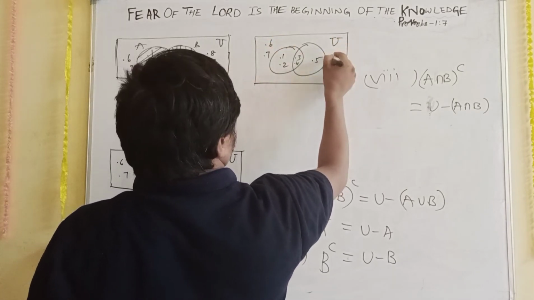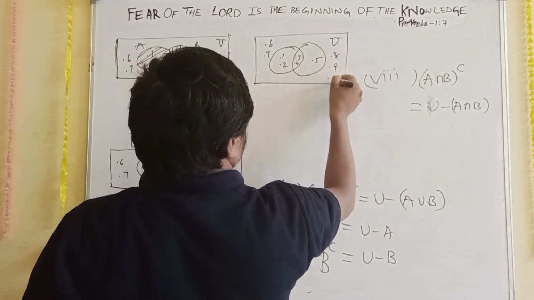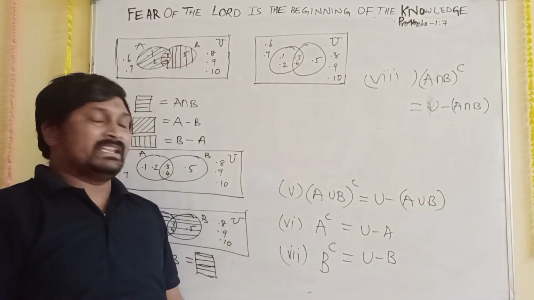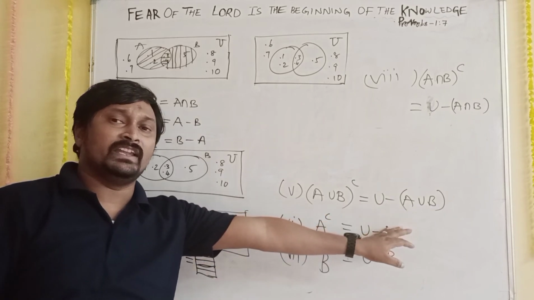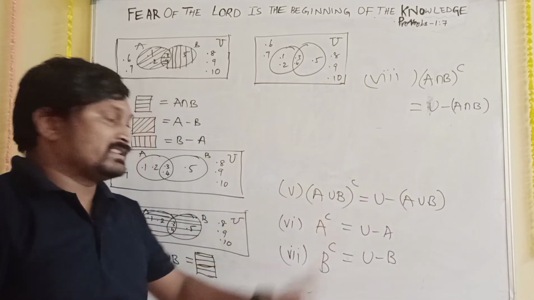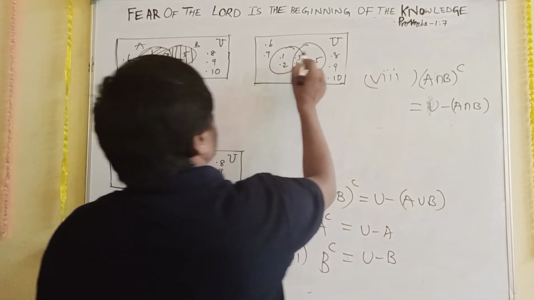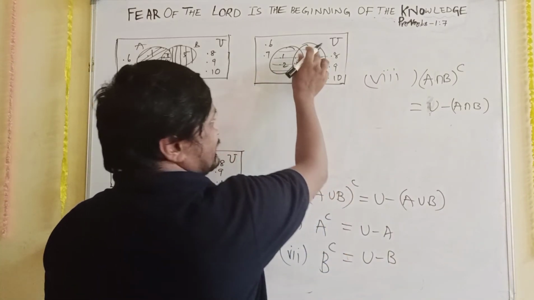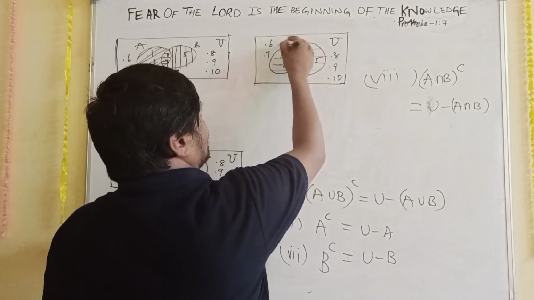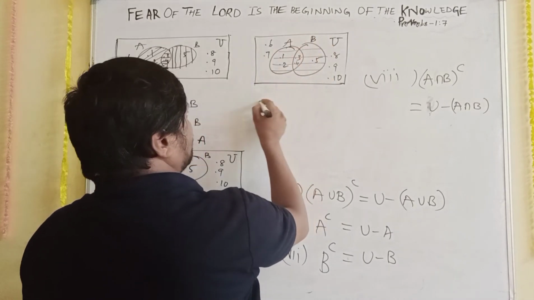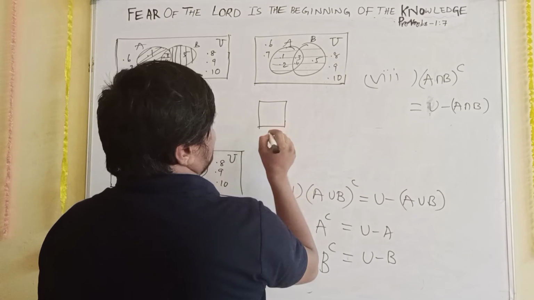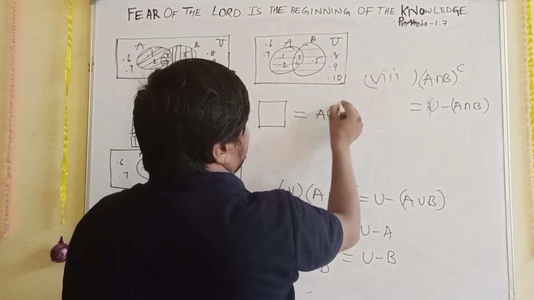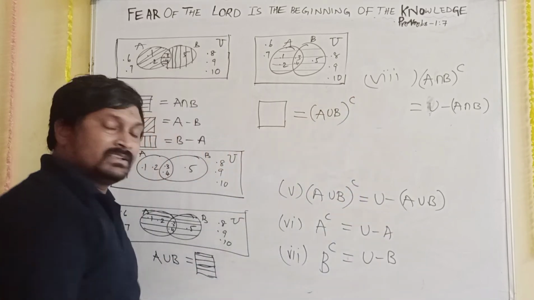You can write anywhere 8, 9, 10. After writing this, A union B complement means remove the total A union B from the universal set. So here these lines I'll keep. Except this part, all the remaining. So all the empty space whichever is there is nothing but A union B whole complement. Clear now?